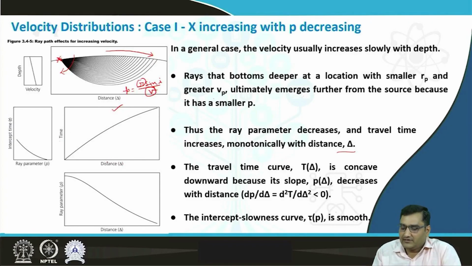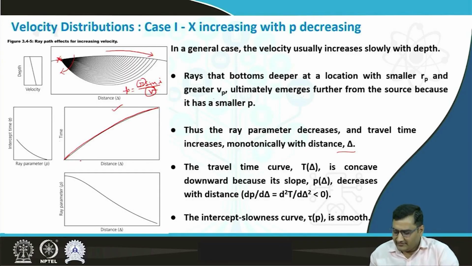We know that as you go away from the source, the ray parameter is decreasing. The slope of the travel time curve gives the value of the ray parameter. That is why the slope should keep on decreasing, so the shape of the travel time curve should be concave downward.